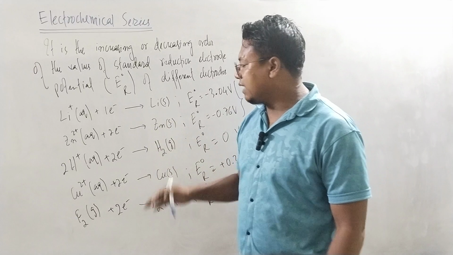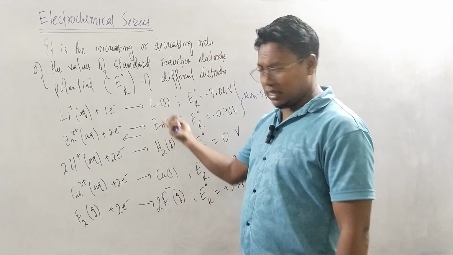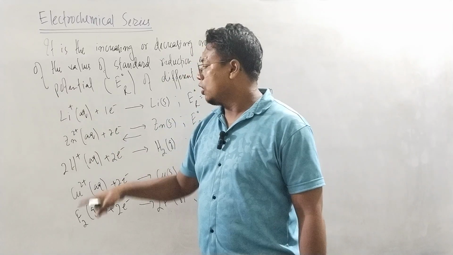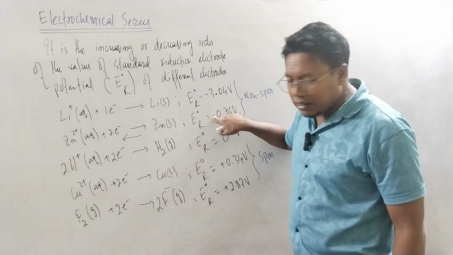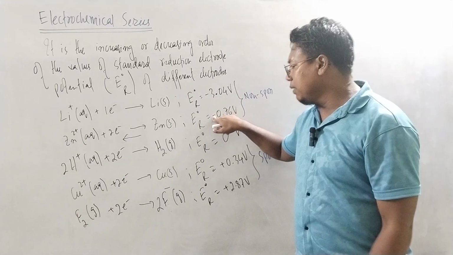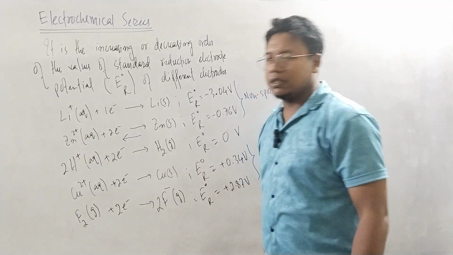Instead, if I reverse this reaction like this, zinc solid gives two electrons out to form zinc 2 plus ion, then this negative will be positive, and a positive value of electrode potential indicates spontaneous.